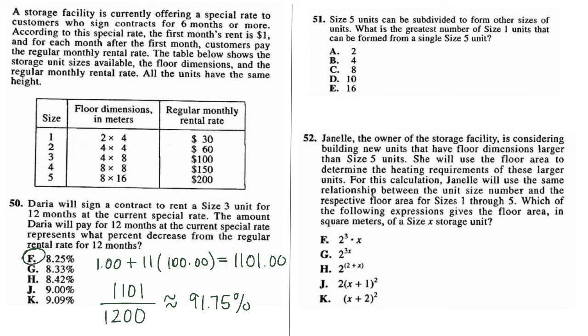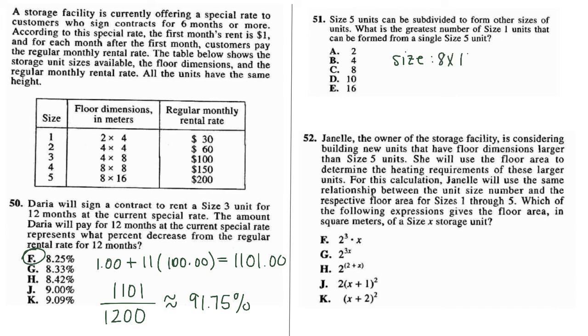Okay, moving on to 51. Size 5 units can be subdivided to form other sizes of units. What is the greatest number of size 1 units that can be formed from a single size 5? So this sounds like a good dividing problem. So let's find the units of size 5. So size 5, that area is an 8 by 16.